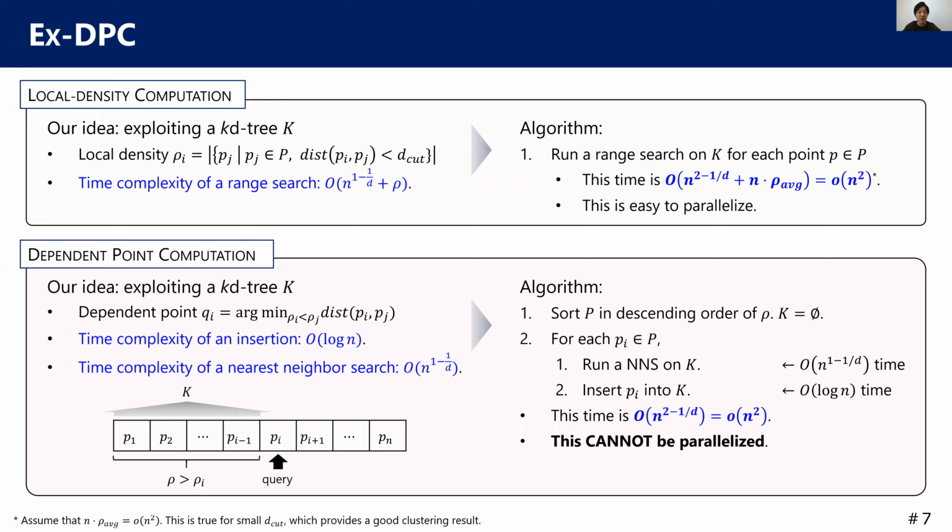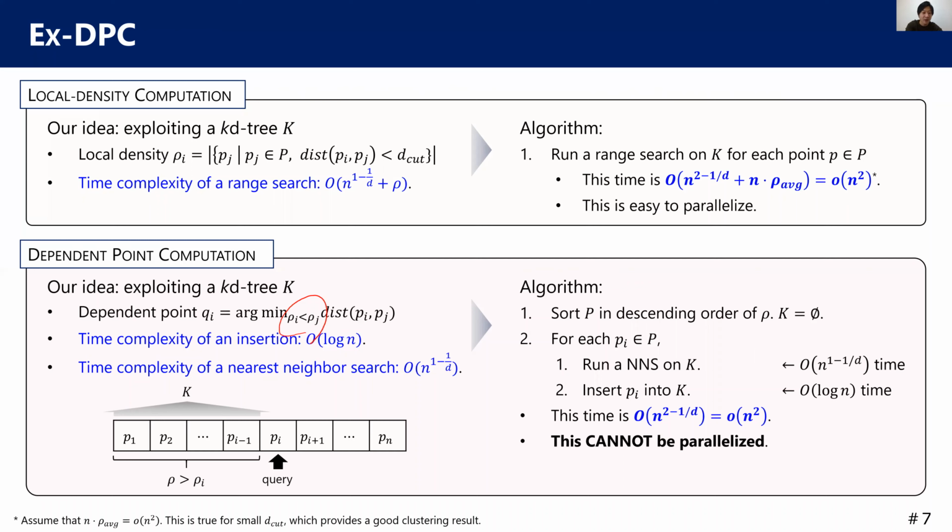Next, dependent point computation. Dependent point is not a simple nearest neighbor, and it has a constraint of local density. So how to find it exactly in sublinear time for each point? Let's assume that the dataset is sorted in descending order of local density.